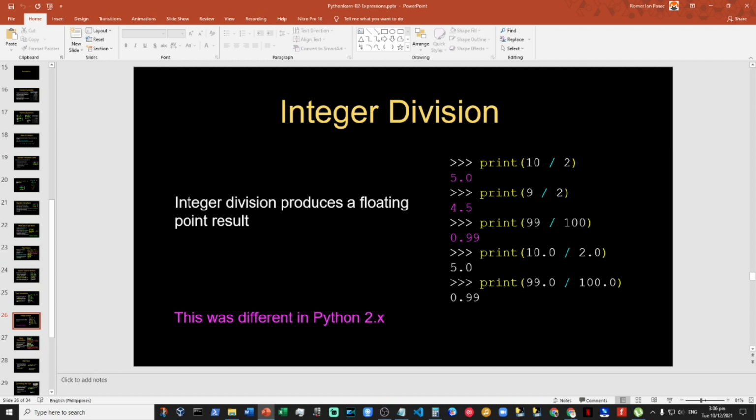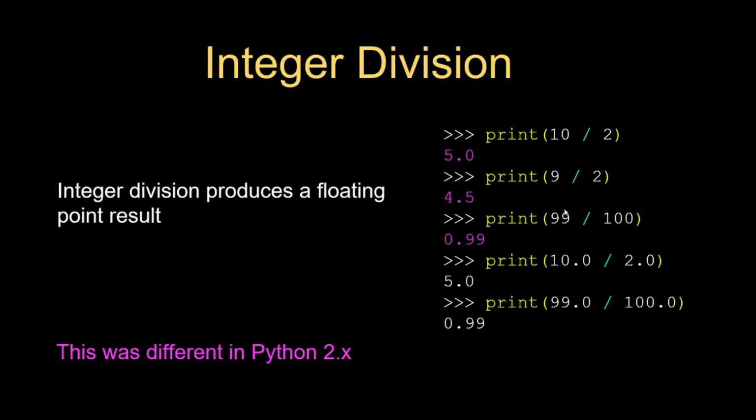So division produces a floating point result, which makes sense, since in a division it's not always a whole number. 10 divided by 2, it is definitely a whole number, with no remainder.